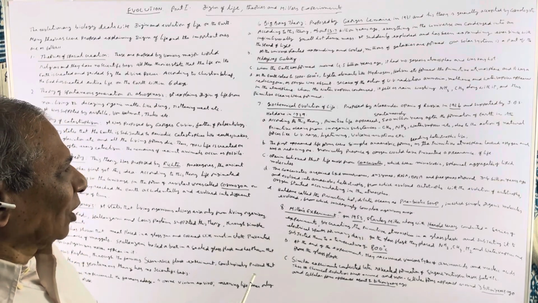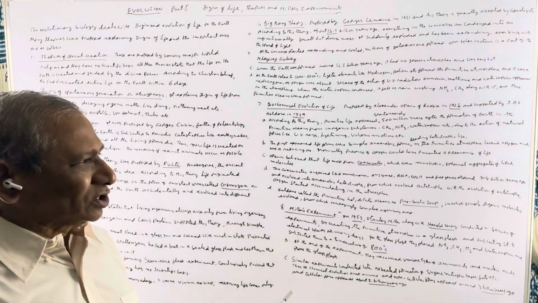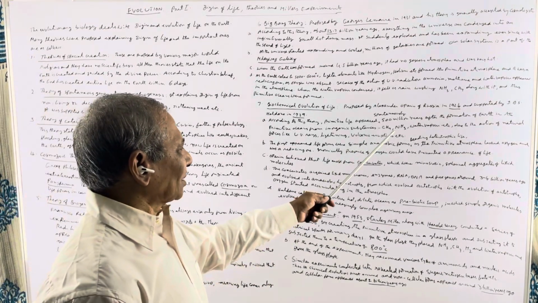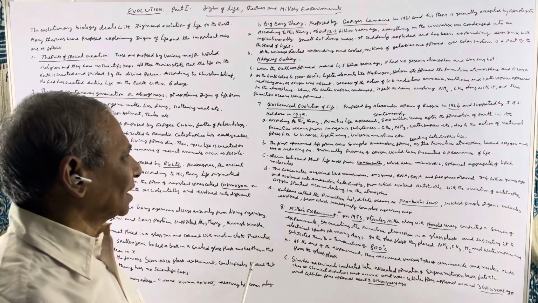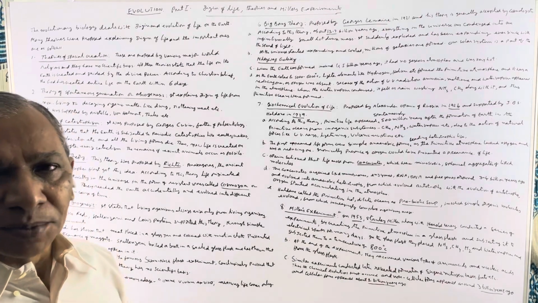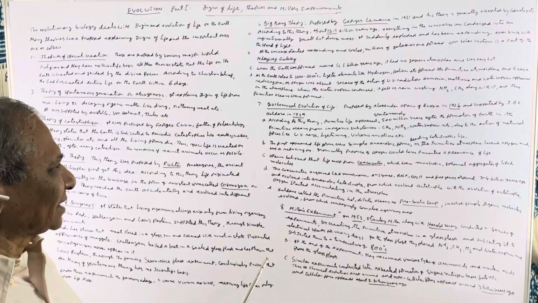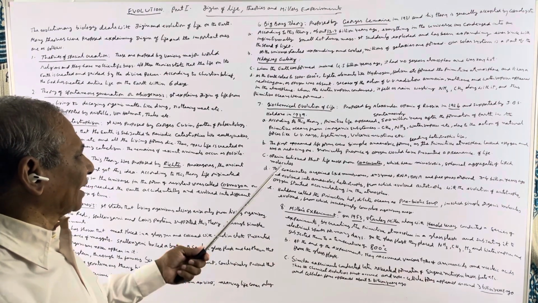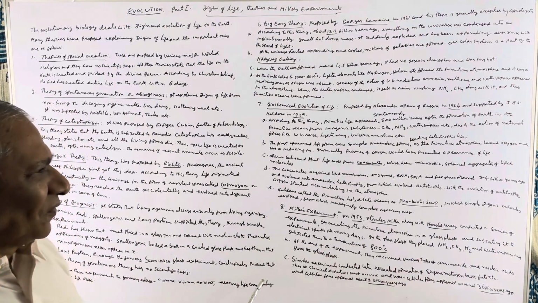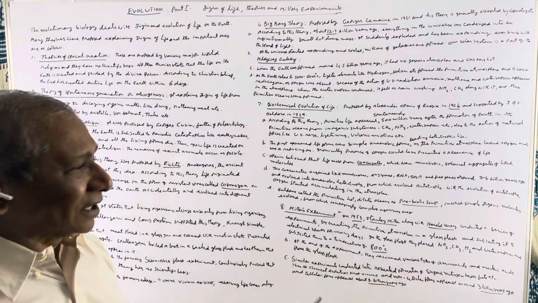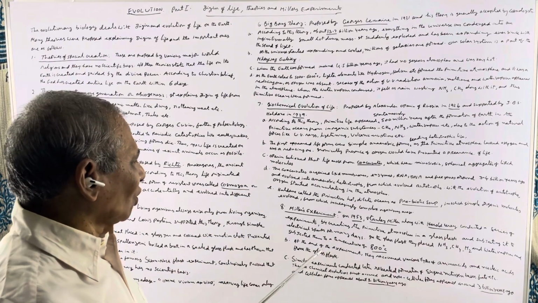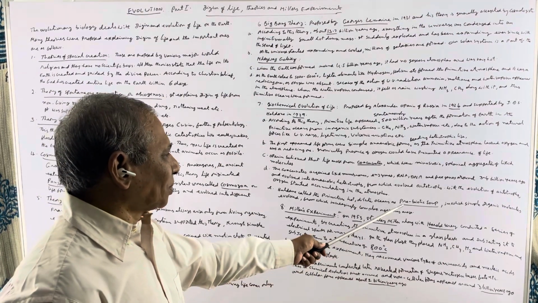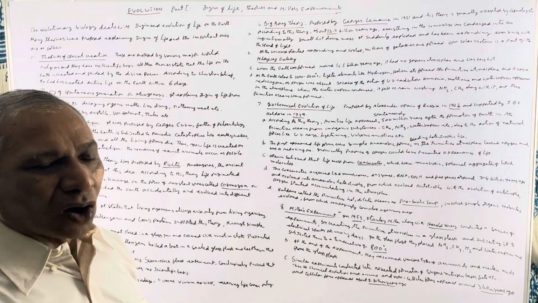Then, I have told you already, the primitive oceans contained ammonia, methane, water vapor, carbon dioxide, etc. These were subjected to bombardment by UV rays, cosmic rays, X-rays, like that. And one more point, this type of water was referred to as prebiotic soup by Haldane.